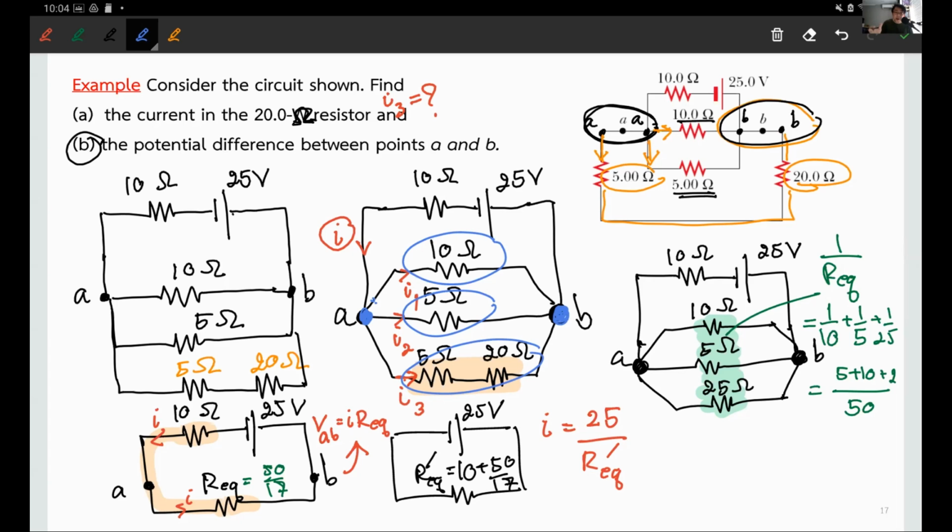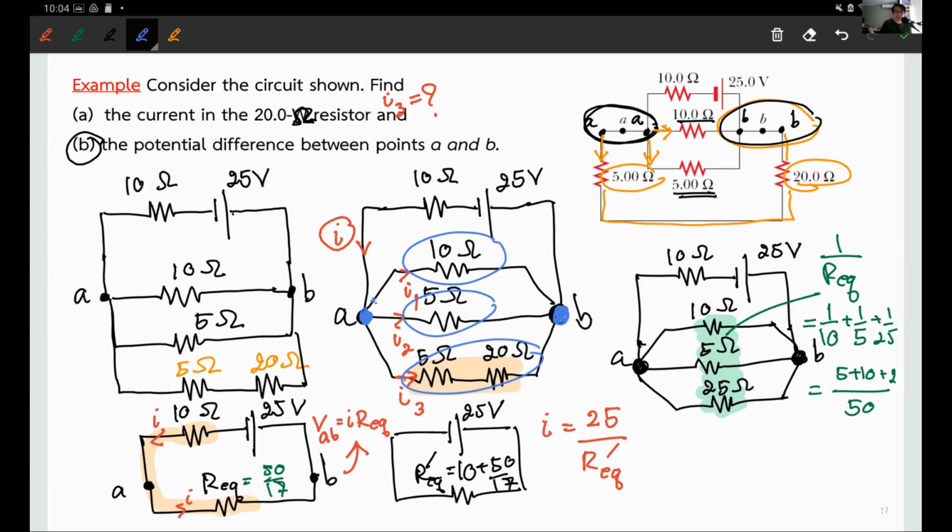No matter which wire you use to calculate V_AB, you'll get the same number, because they are the same points A and B.